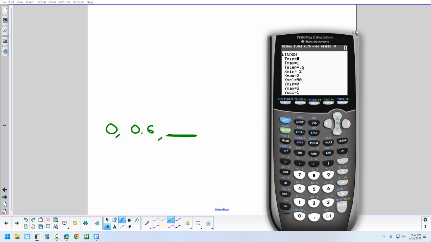The easy way to avoid it is to make sure that when you do your stepping, you end at a 1. So for example, stepping by 0.3, well, that would be better, but you'd still have a little bit of a gap. You'd get 0, 0.3, 0.6, 0.9, but then you're going to lose everything between 0.9 and 1 because it can't go above 0.9. The next one would be 1.2. That's over your max. Okay?